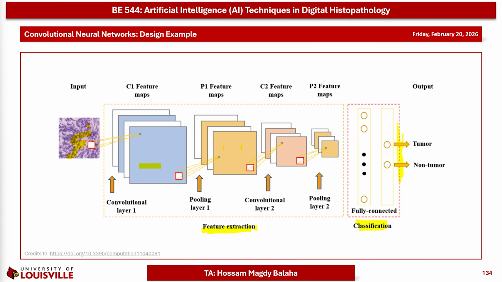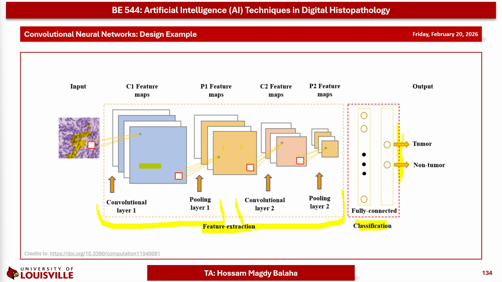We can apply multiple blocks of conv-pool layers like here. There's a first conv and first pool, and a second conv and second pool. Increasing the depth, or the number of those blocks, will increase the possibility of capturing precise features.